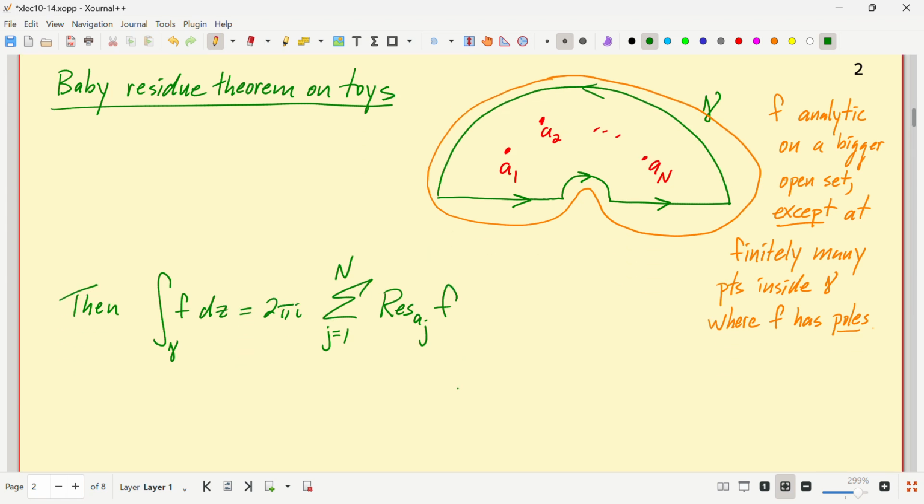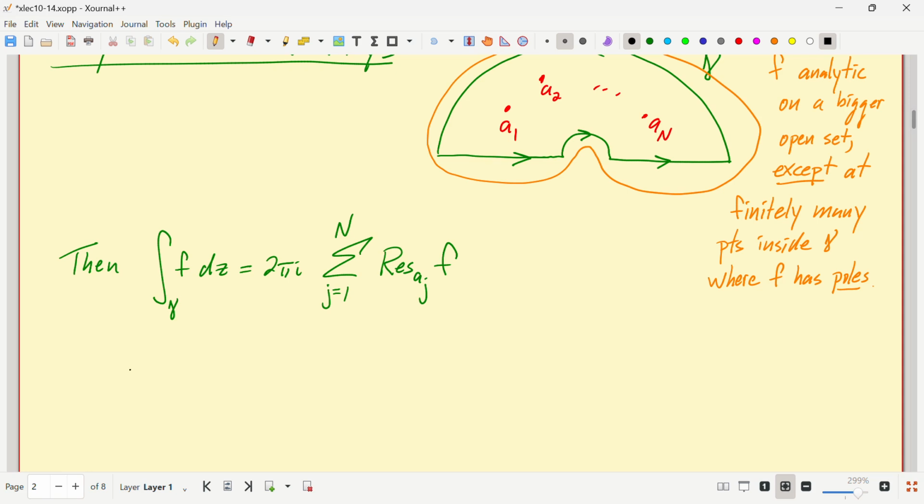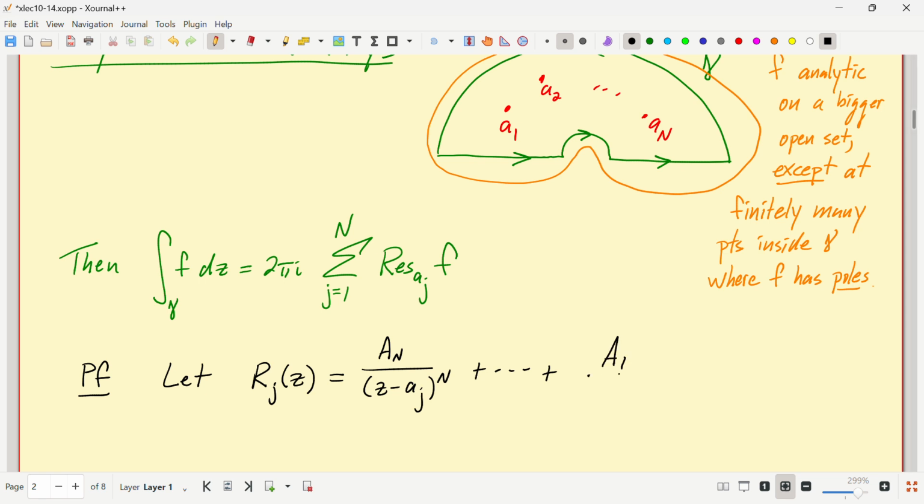Well, the proof is a snap. Let's let rj, remember how rj of z is the principal part. It looked like an over (z minus aj) to the n, plus blah, blah, blah, plus down to a1 over (z minus aj).